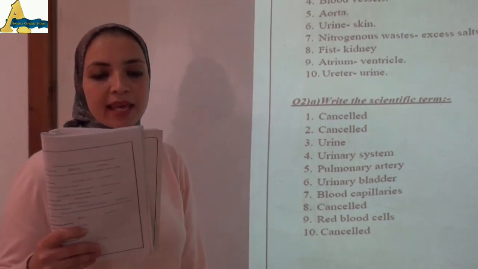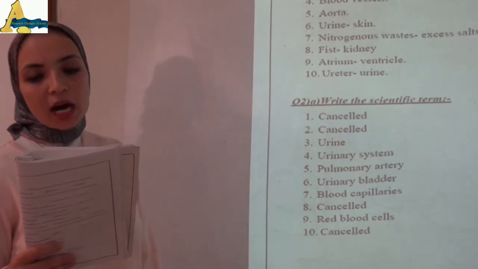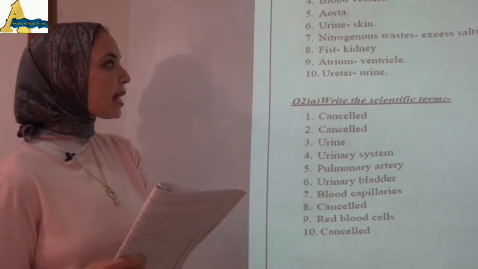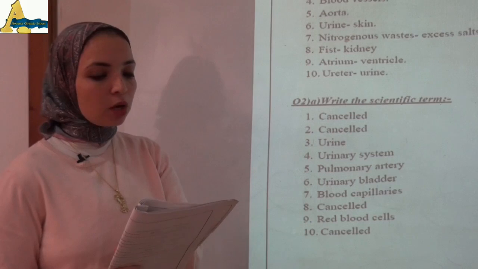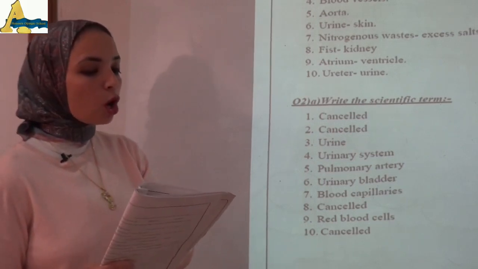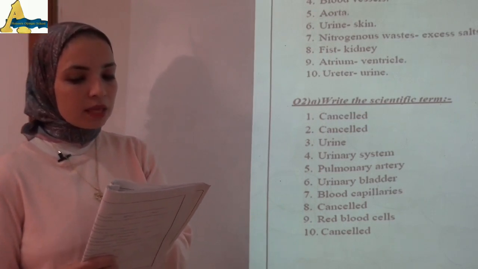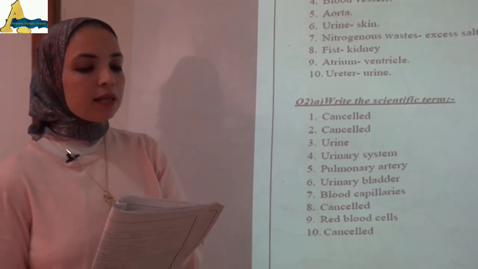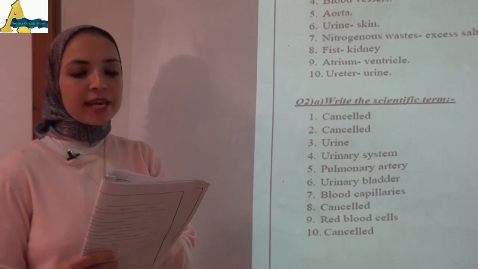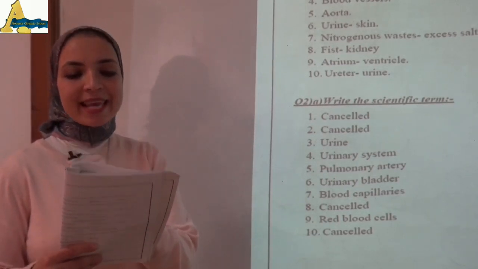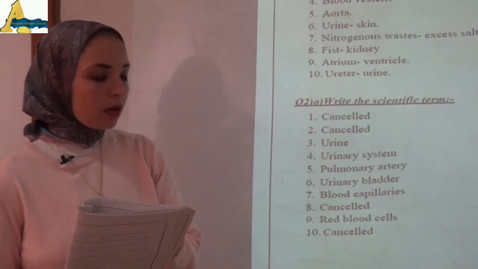The artery that carries blood rich in carbon dioxide: it's the pulmonary artery. It is the exception among arteries, because all arteries carry oxygenated blood, but the pulmonary artery carries the blood which is rich in carbon dioxide, the deoxygenated blood.